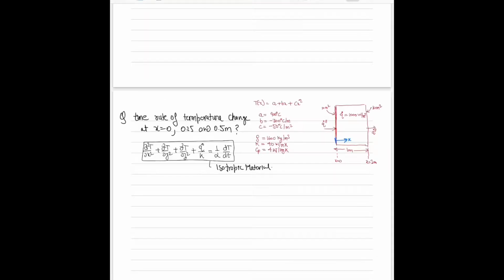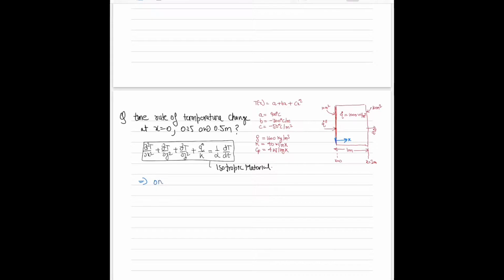In part 3, we have to find the time rate of change of temperature at some locations, that is x equal to 0, x equal to 0.25 and x equal to 0.5. So from our heat diffusion equation, we have derived the equation for the isotropic material as del square T by del x square plus del square T by del y square equal to 1 by alpha del T by del tau.